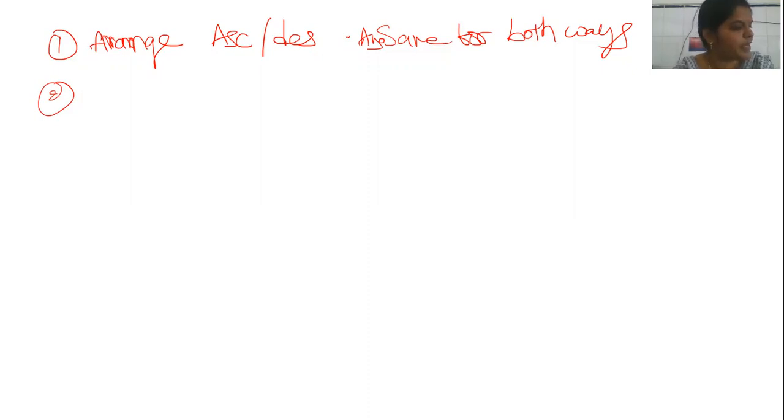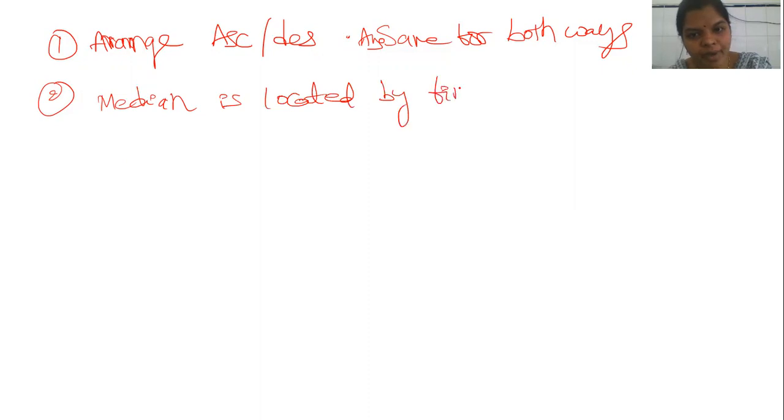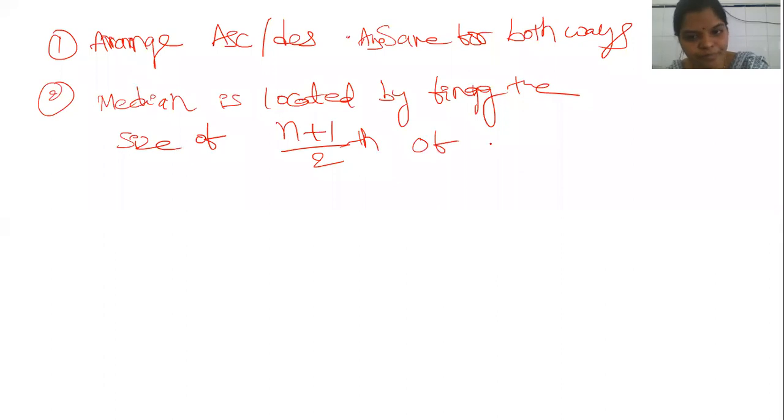The second point is, median located. Median is located by finding the size of (n plus 1) by 2 of item. Items are nothing but your observations only.